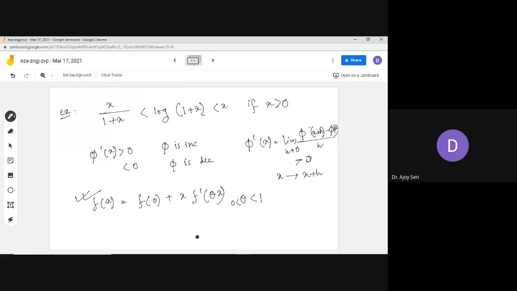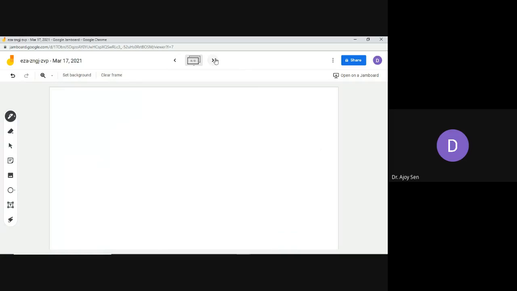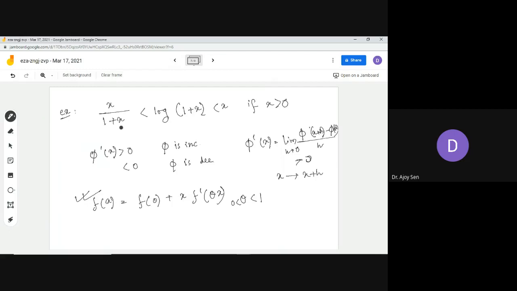So this relation is what we consider while proving such inequalities, and I think we have proved this kind of inequality by taking functions like phi x is equal to log(1 plus x) minus x by, so okay, you just move this to this part and have to show this thing is greater than 0.